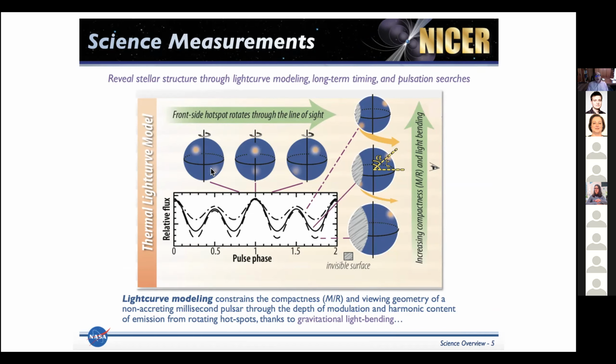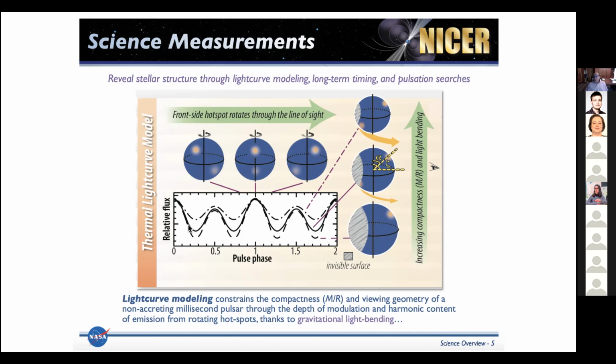If the hot spot is on the far side of the star, then you see part of the hot spot because of the curvature of space. So the curvature of space fills in the minimum in the light curve. By measuring the depth of this minimum, NICER infers the curvature of space near a neutron star, and that depends on the radius of a neutron star. So this is the way NICER infers a neutron star radius.